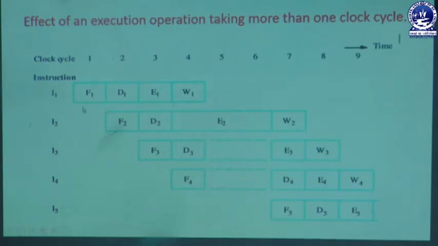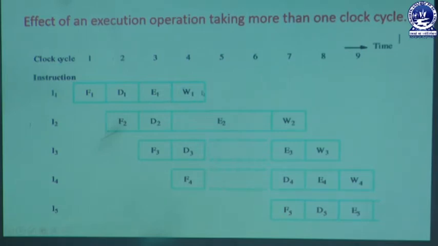So the instruction I1 is fetched by the fetching unit, goes to buffer B1, and from that buffer is given to the decode unit, then the execution unit, then the write unit. At last it will be written in the memory.